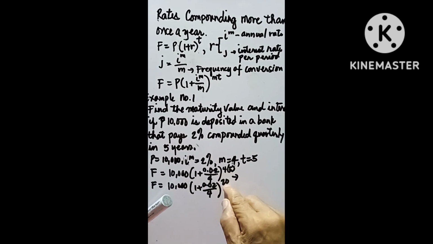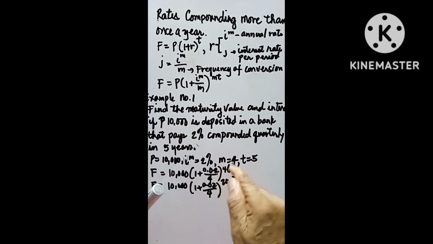Where does the 20 come from? That is 4, the frequency of conversion per year, that is quarterly, times 5 years.